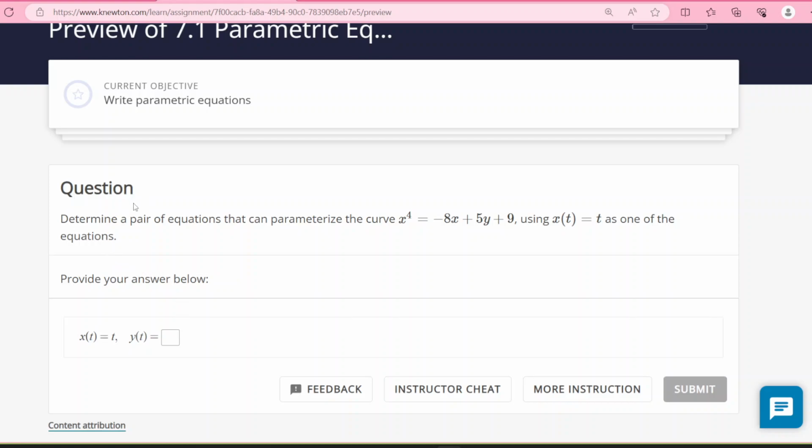So in this question here, we're asked to determine a pair of equations that can parameterize, right? That's just a fancy word for, hey, have x depend on t and y depend on t. Parameterize the curve x to the 4th equals negative 8x plus 5y plus 9, all right, using x of t equals t as one of the equations.